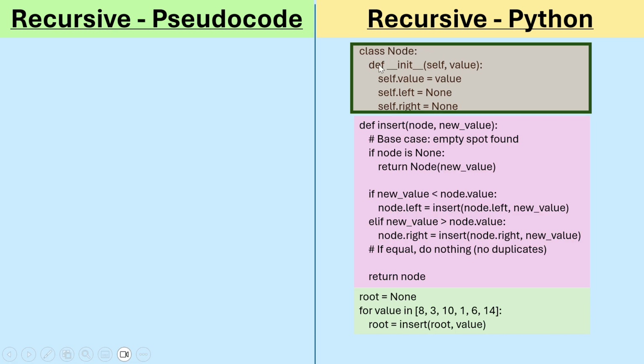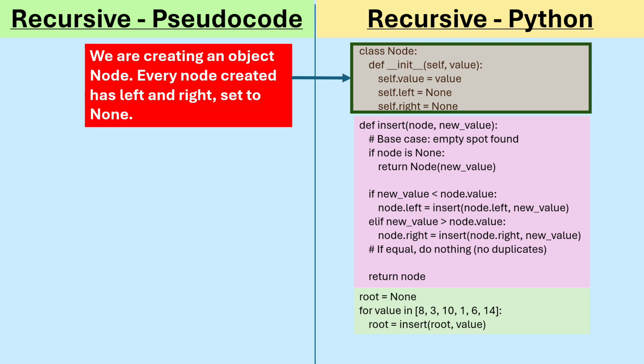The first one we create is always going to be the root. So when we create a node, the left side and the right side are set to None. Now the None could be any value you choose, but I've just chosen None to make it easier.